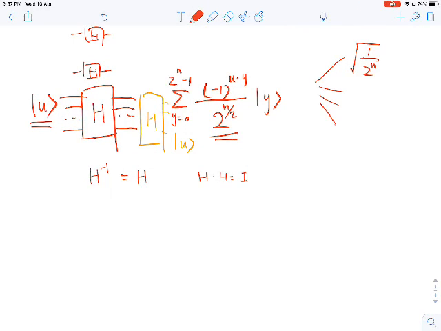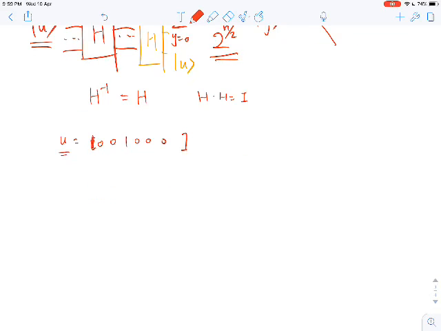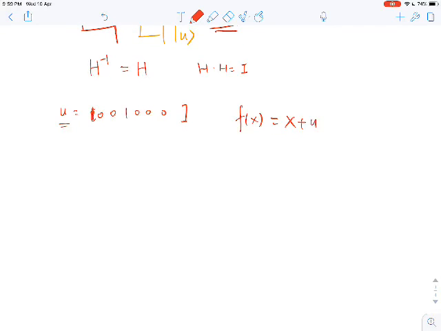Using this, we can develop the Bernstein-Vazirani algorithm. This algorithm is used to solve this question: if we have a string u, like 00100, and a function f(x) = x·u, and we want to know what u is.